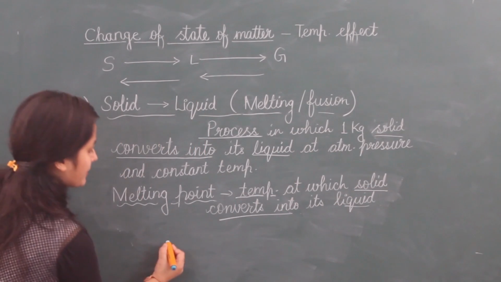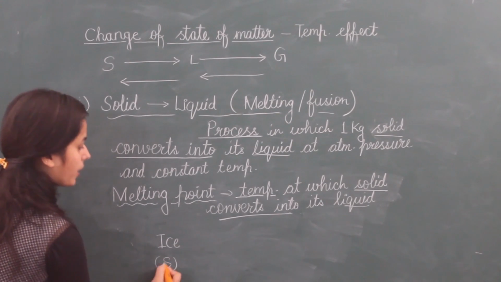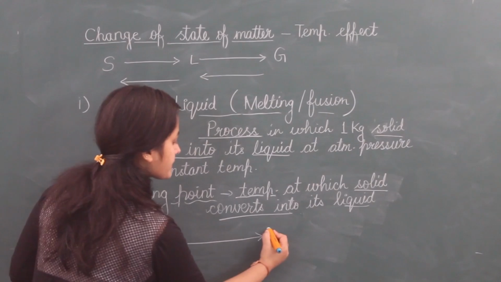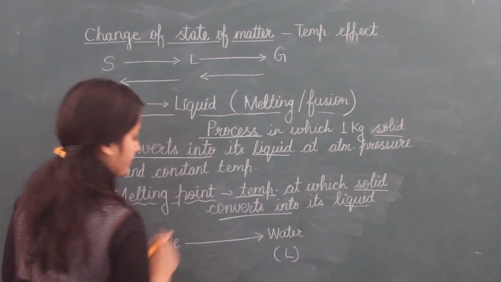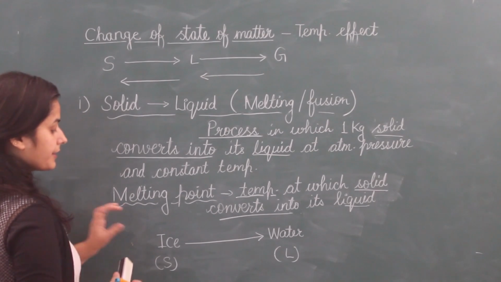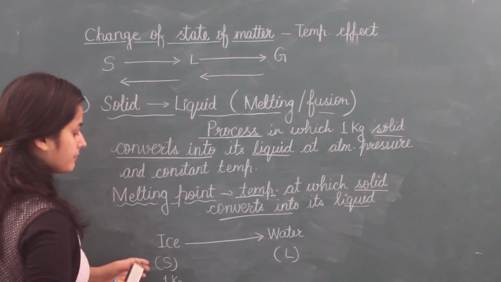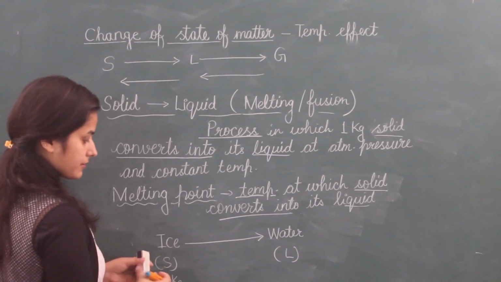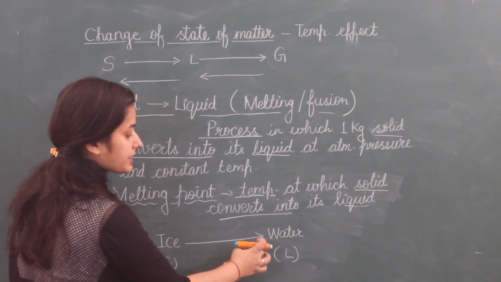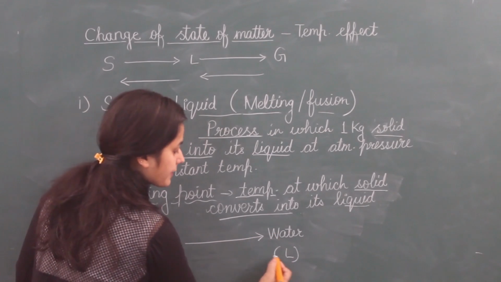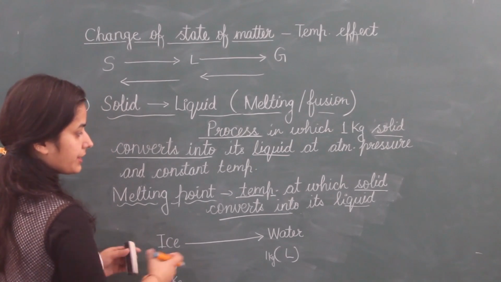I am taking one example here. Ice, this is solid. It converts into water. Water is liquid. So when we take 1 kilogram ice, and we give heat, this ice will completely convert into water and its amount will be the same because we are not changing anything.